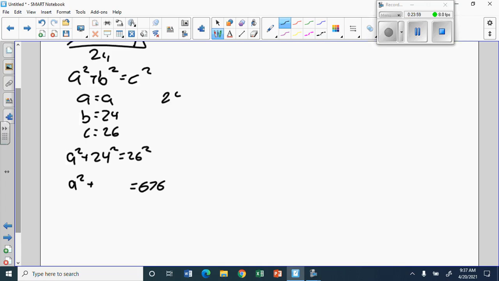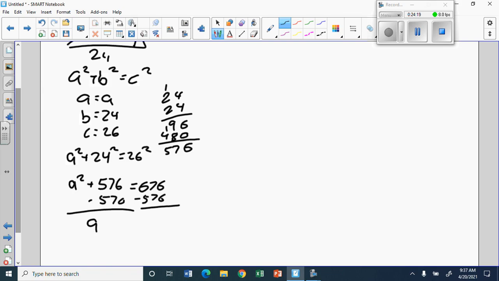If I don't know 24 squared, we can multiply it. 576. To get A squared by itself, we subtract 576 from both sides. A squared equals 100, square root, A equals 10.